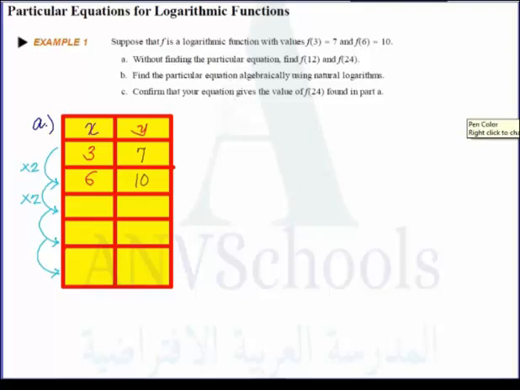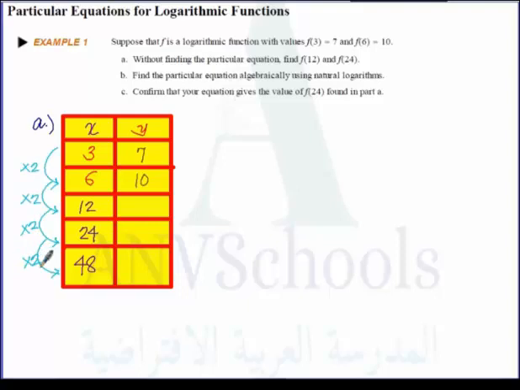And multiplying 12 by 2 gives us 24. And multiplying 24 by 2 gives us 48. So we have 12, 24, and the last would be 48. Of course, we have found these x values using the multiplication property, multiplying all of the x values by 2.